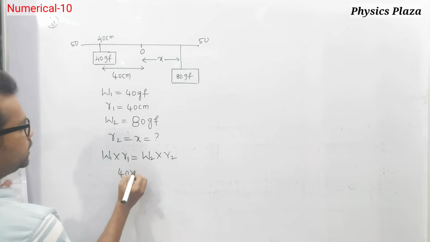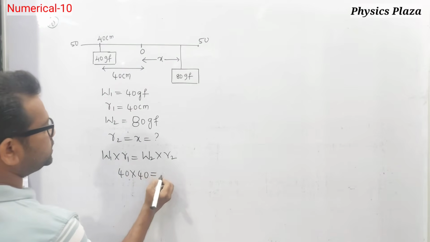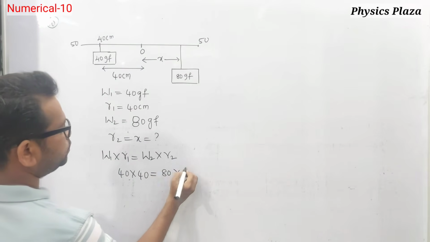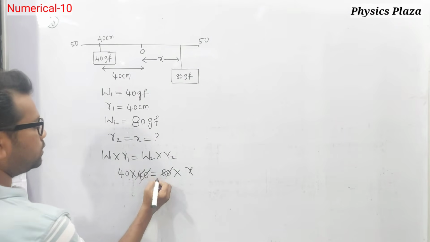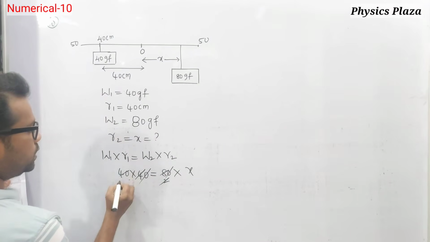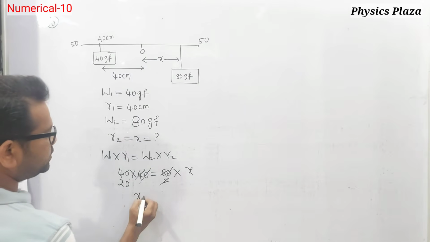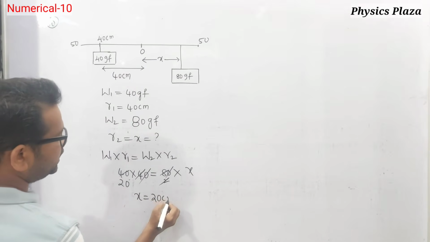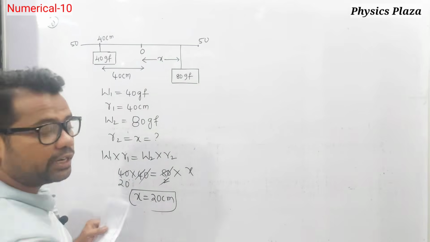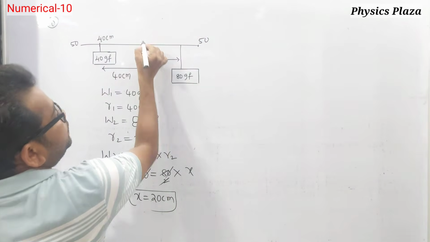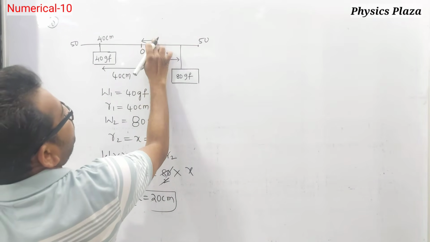It is 40 into 40 is equal to 80 into x. The zeros cancel. So 4 ones are 4, 4 twos are 8, 2 ones are 2, 2 twos are 4. So x is equal to 20 centimeter, which means, children, that the 80 gram force weight should be placed 20 centimeters from this pivot point.